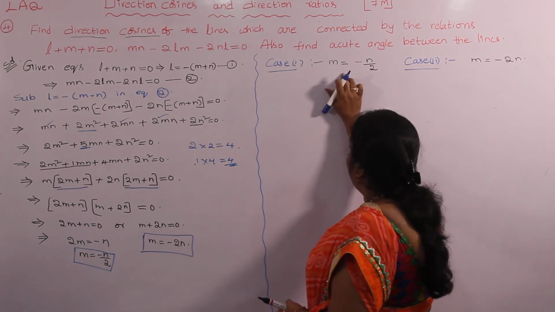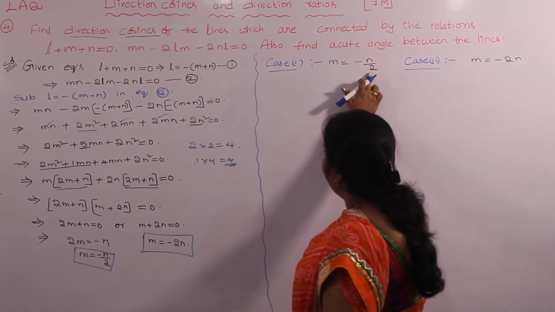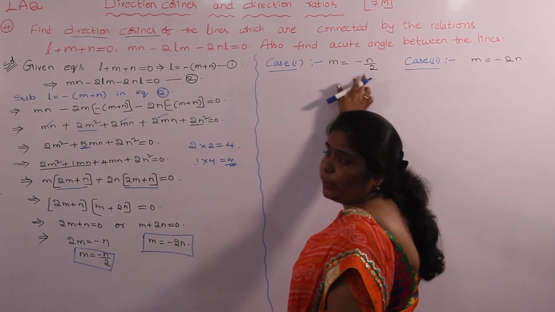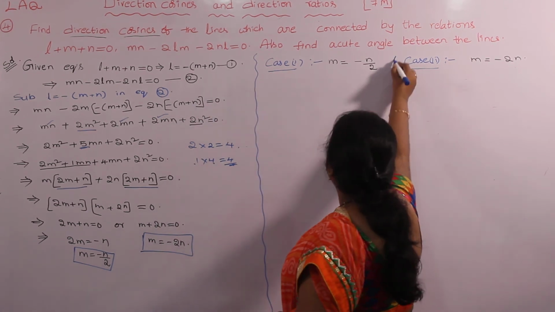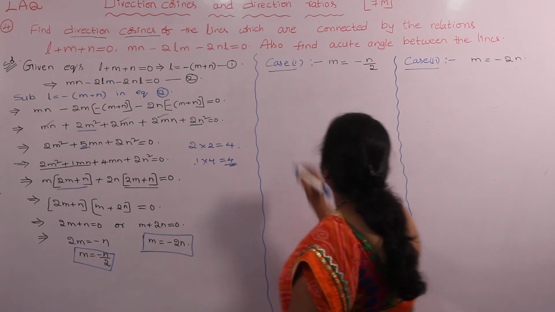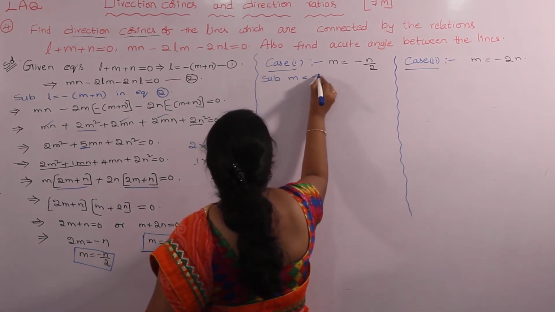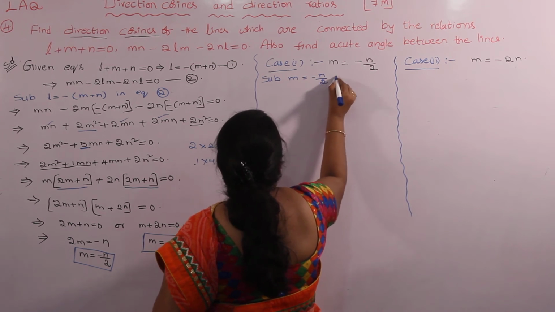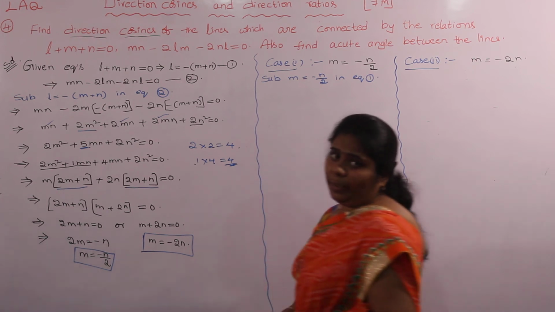Here we need the l values. Only we have the m value. How do we get the l value? Substitute m is equal to minus n by 2 in equation 1. From that we get the l value.